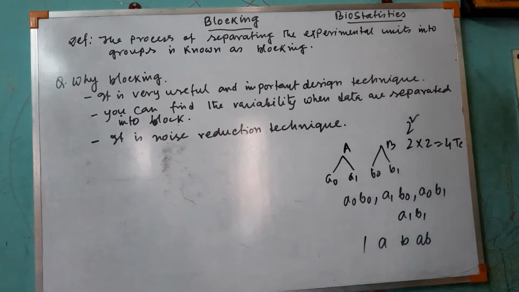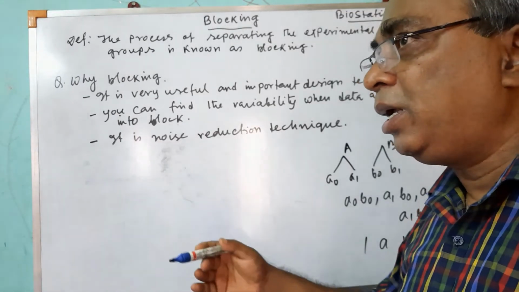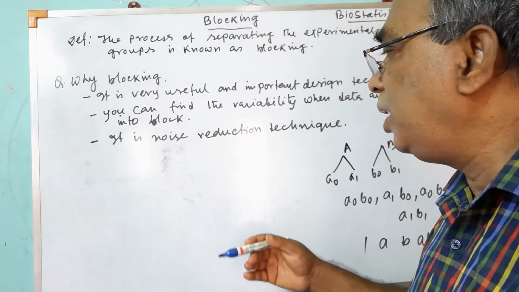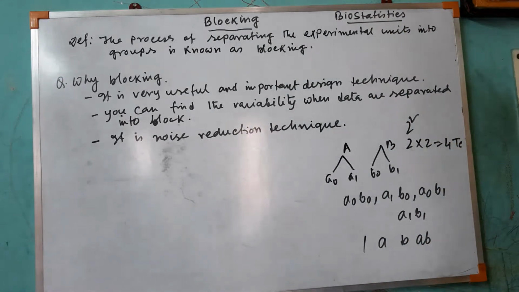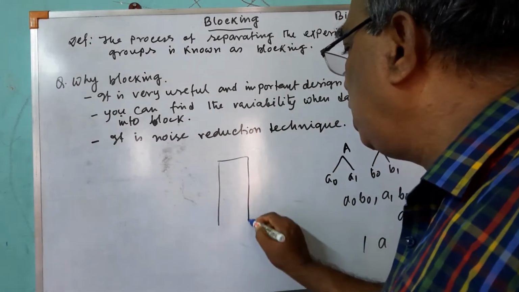Suppose you have 100 antipyretic tablets, 100 analgesic tablets and 100 antibiotic tablets mixed. Then you have to make these 300 tablets into 3 categories, that is known as blocks.